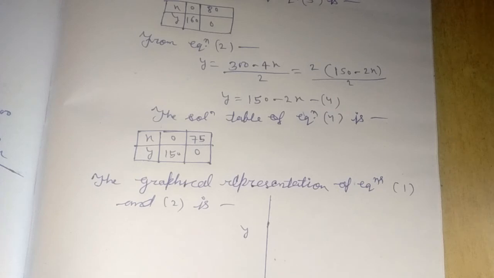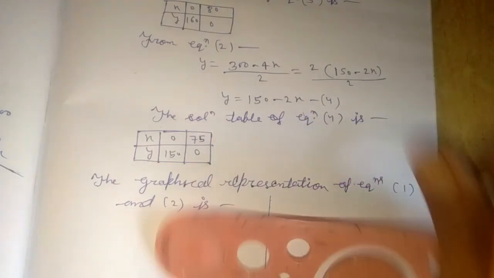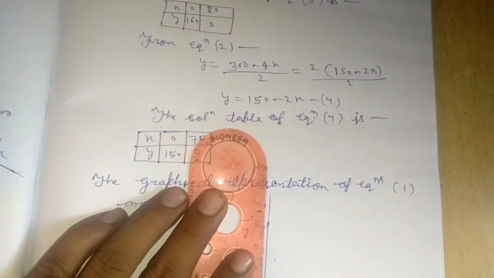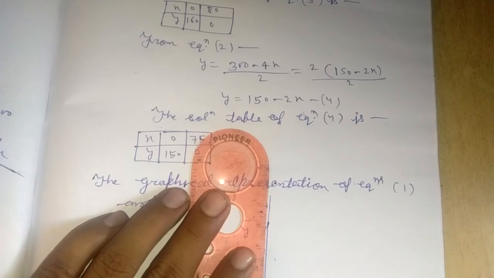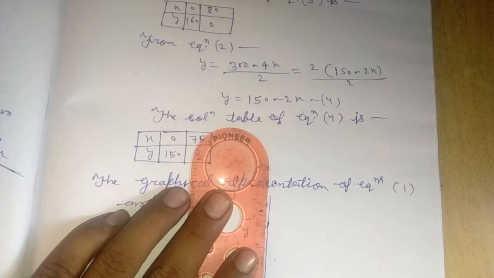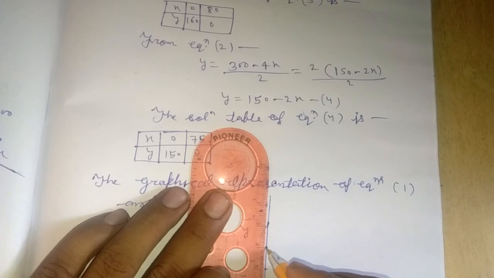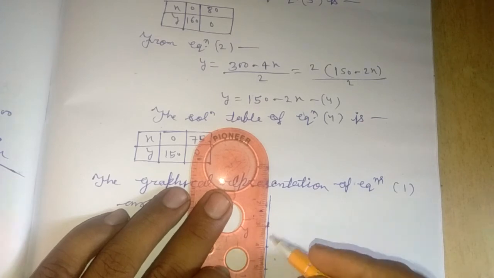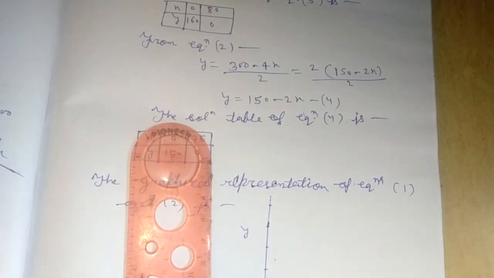So 20, 40, 60, 80, 100, 120 along the x-axis, and 20, 40, 60 and so on along the y-axis.